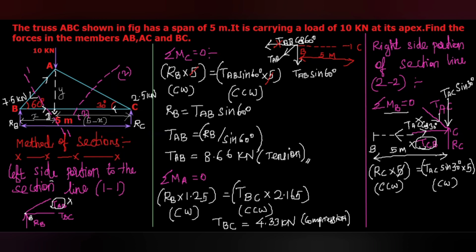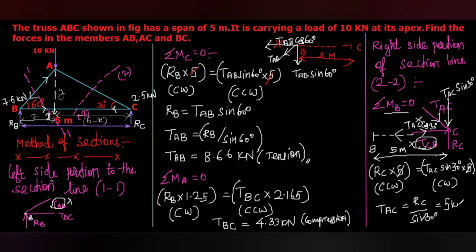Now we can cancel this 5. So from this we will get the value of TAC equal to RC by sine 30. So we will get the value of TAC equal to 5 kilonewton.